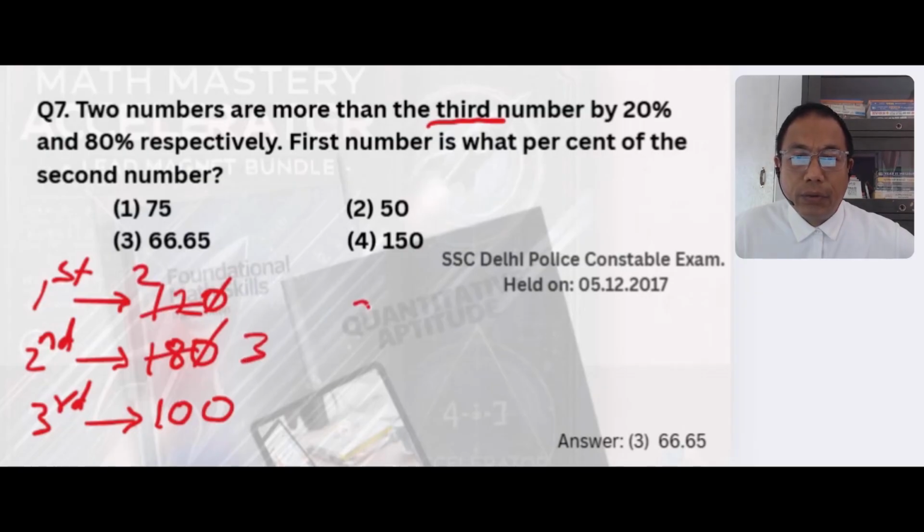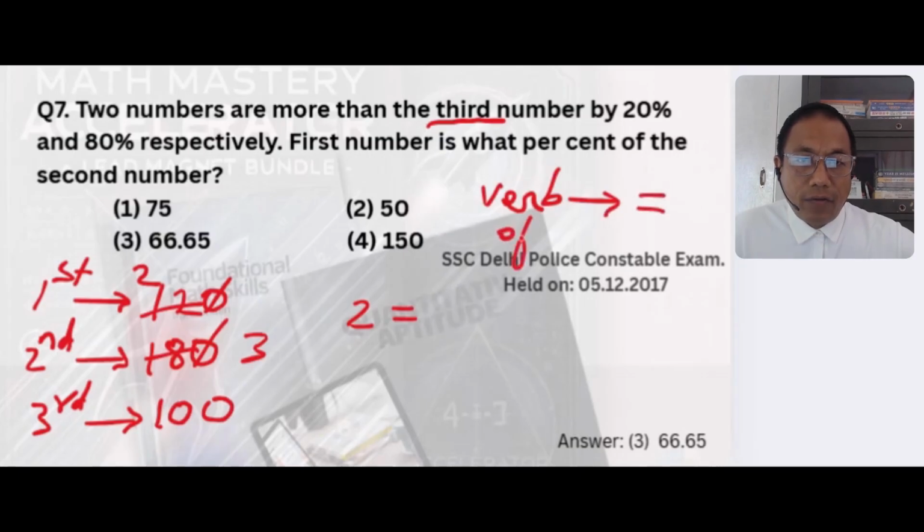First number is 2 is equal to. Logic is verb, convert this into equal to sign, of convert this into multiplication sign, and percent convert this into divided by 100. This is the logic.